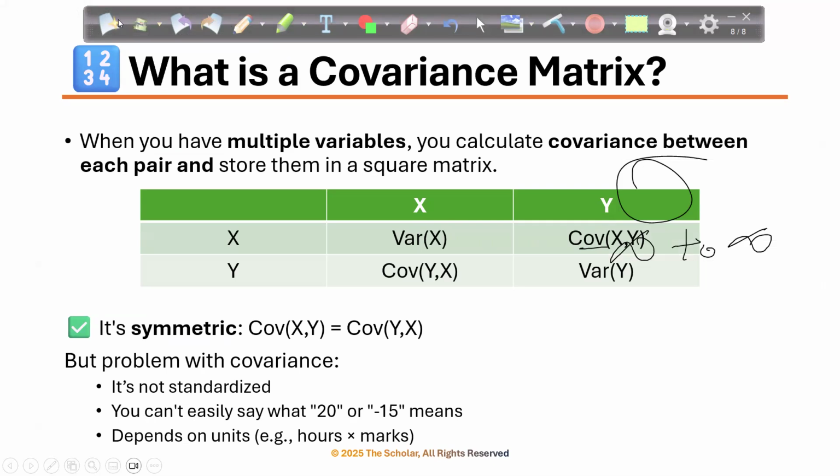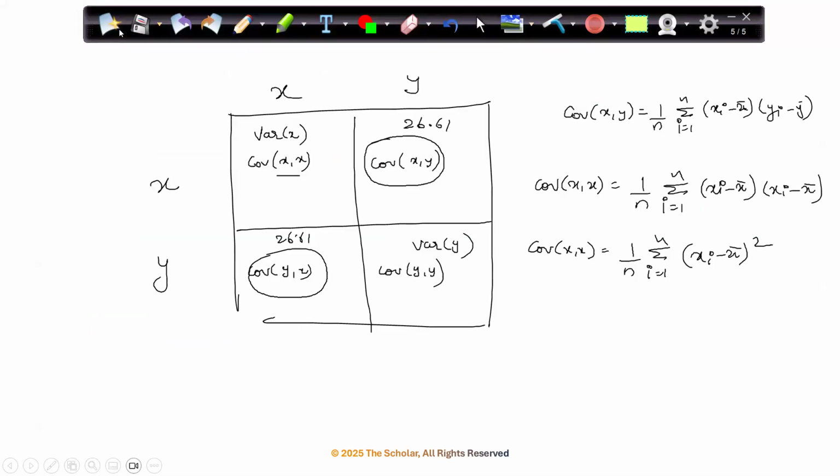Suppose, let's say, you are finding the covariance of years of experience and salary in rupees, right? Suppose you are finding the covariance of experience in years and salary in rupees.